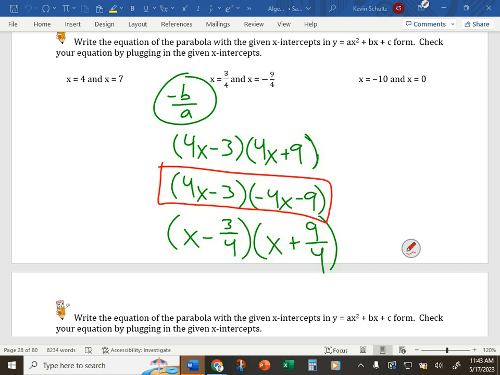You do, yes. Otherwise, everyone would just do this bottom one here and call it good. You still need to FOIL, you still need to calculate, you still need to box. Mr. Schultz. Okay. Can you just take like the 4 from the fraction on the bottom one, just move it over and then make it a 3? Say it one more time. So it'd be 4x minus 3 on the bottom one, the bottom left.